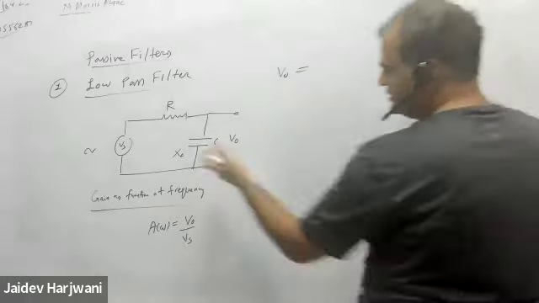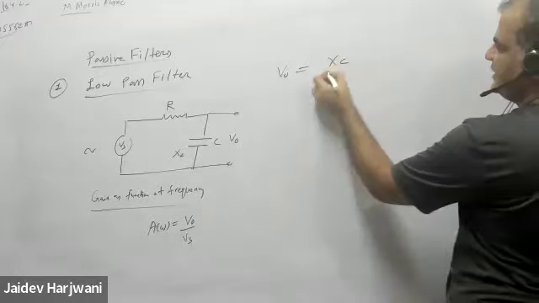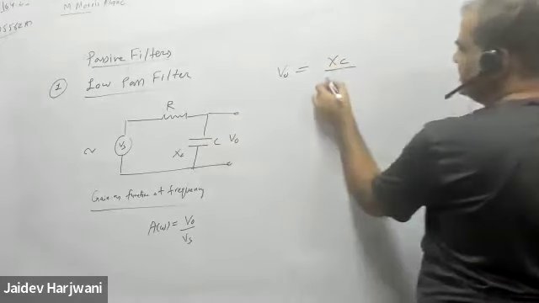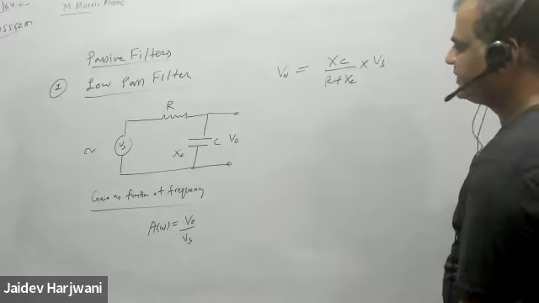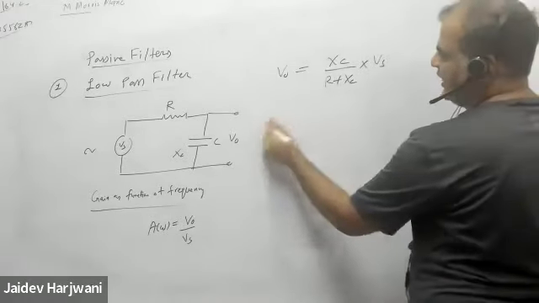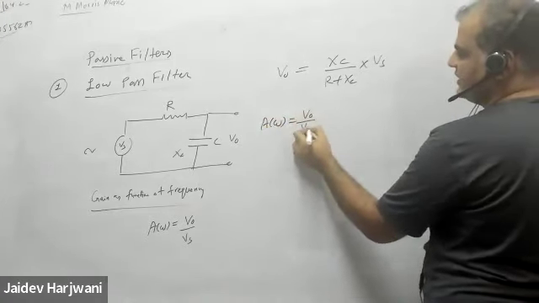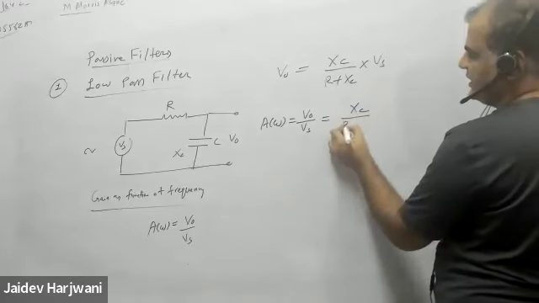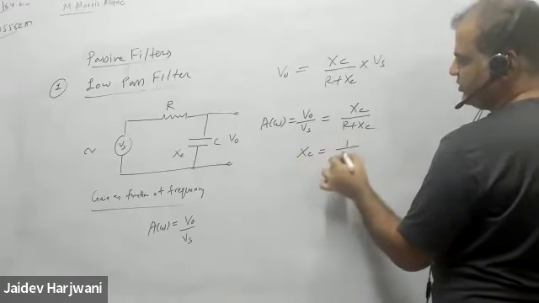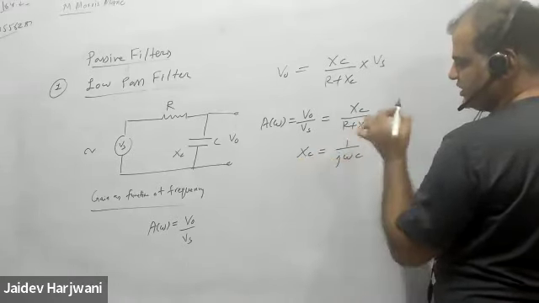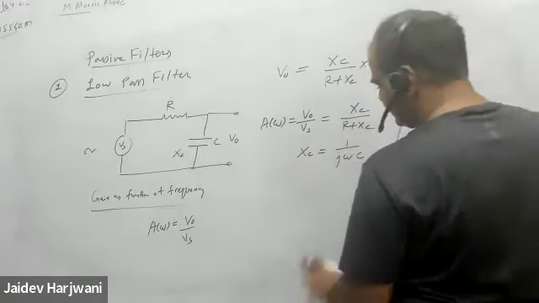The rule of the game is the same: V naught will be the voltage divider, XC over R plus XC, into Vs. And the gain, a function of frequency, V naught by Vs, will be XC over R plus XC, and XC for a capacitor is 1 upon j omega c. This j is the iota you use in complex numbers.